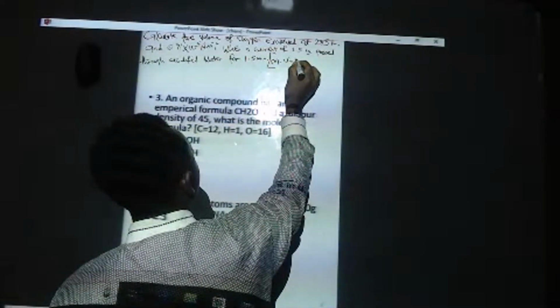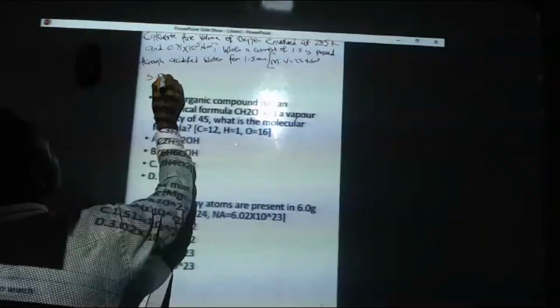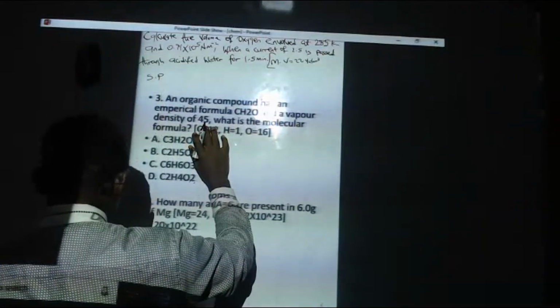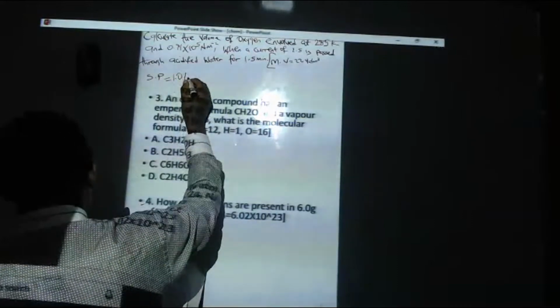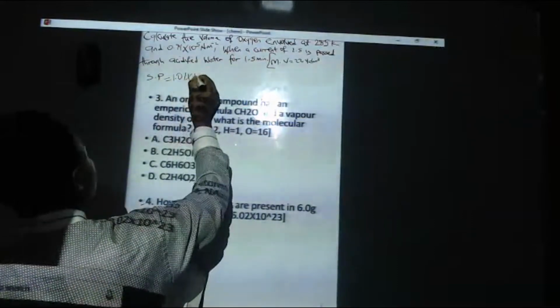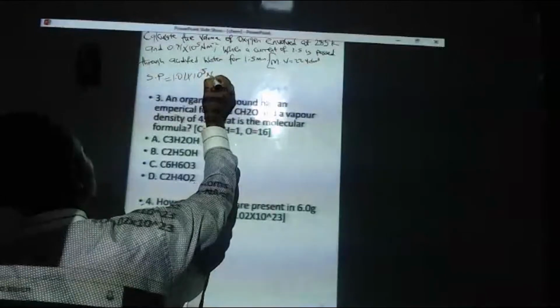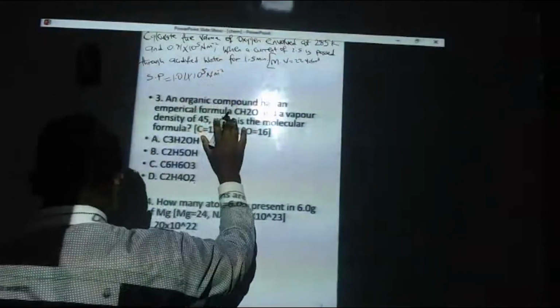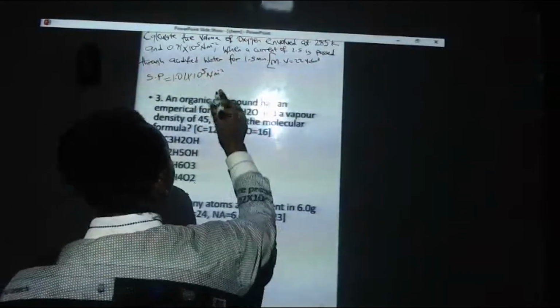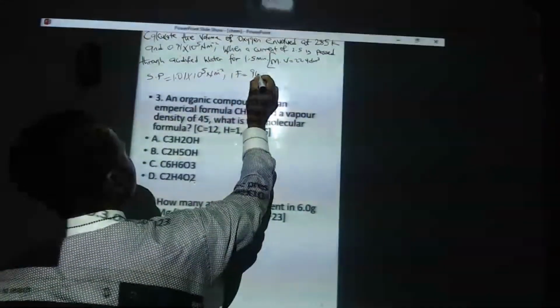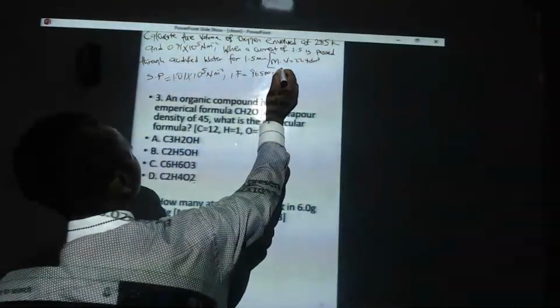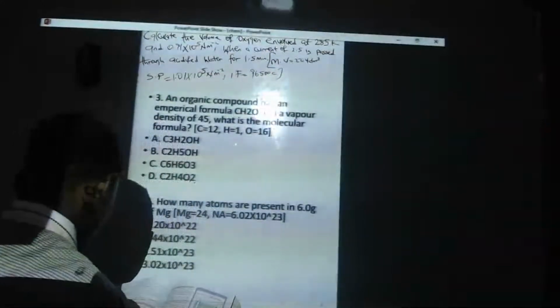Molar volume, which is 22.4 dm cubed. Standard pressure equal to 1.01 times 10 to the power of 5 Newton per meter square. And then 1 Faraday equal to 96500.